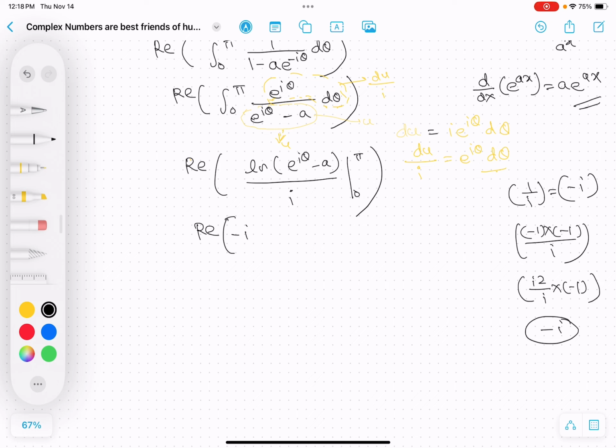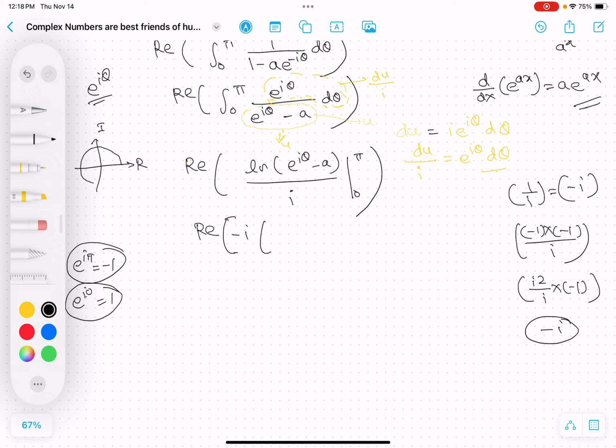And let's evaluate the others. At pi, we know that e to the power i pi is just minus 1, and e to the power i 0 is just 1, right? That's because if this is the real axis and this is the imaginary axis, and you graph e to the power i theta, the graph will just go like this.